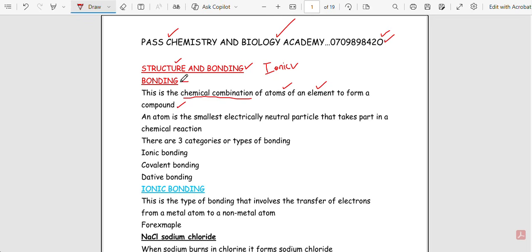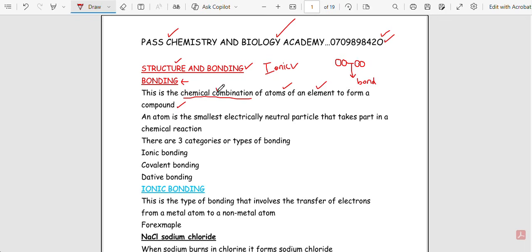During this bonding, atoms are going to be combined together. These small circles are the atoms, and they combine together to form what we call a compound. You can call this a bond, which is keeping these atoms together.